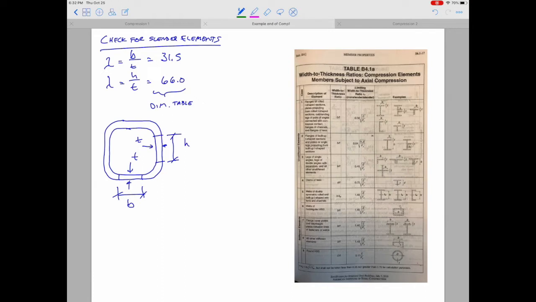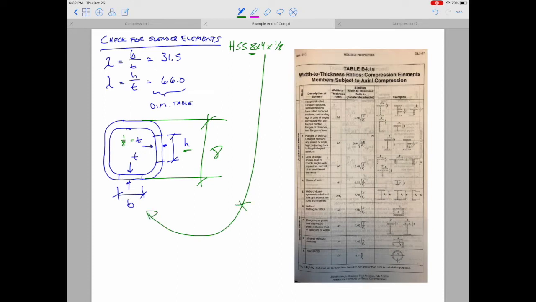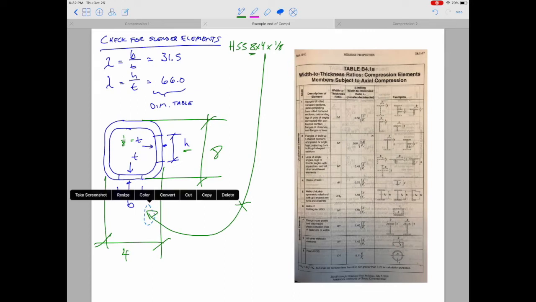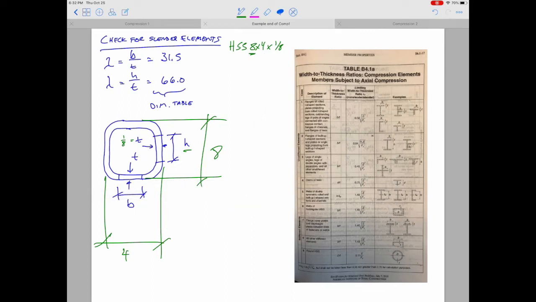Well, the section is an HSS 8 by 4 by 1/8. So T is 1/8. That's fine. This H is not 8, right? This is 8. And this is H, right? These are not equal. This is 4. Yeah? Okay, so I hope you see the difference.